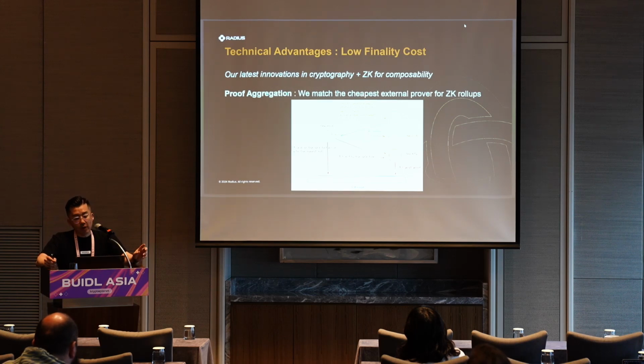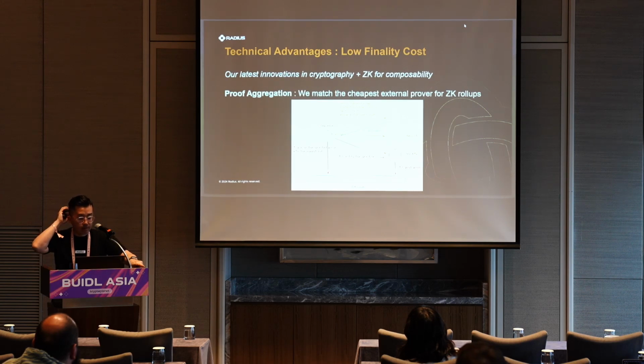The easiest way to reduce this operational cost would be proof aggregation, which means that posting this ZK proof and verifying this proof on Ethereum is really expensive. So we just aggregate multiple proofs and make one, so we can easily reduce this cost.